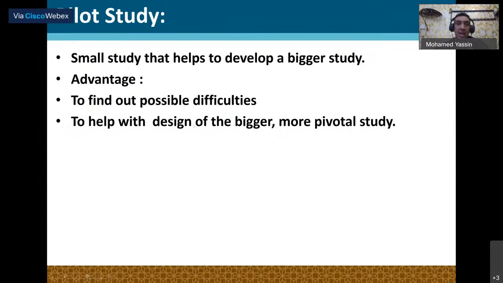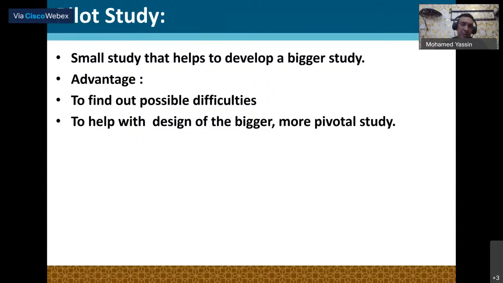So we have the superiority study, equivalence study, and non-inferiority study. And I just simplified: I am as good as you, I am better than you, or I am not bad, I can do at least what you can do. This is in layman's terms.